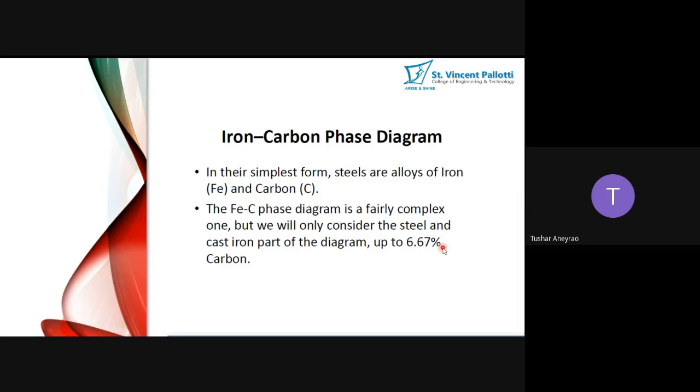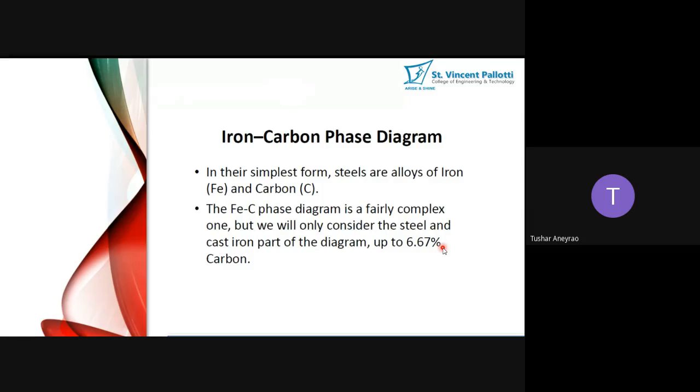The percentage of element that we considered in the previous phase diagrams was 100%, meaning 100% A, 100% B. We can also obtain the phase diagram with 100% iron and 100% carbon, but we are not going to that level.